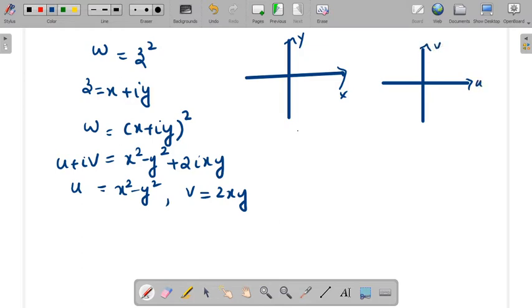So we have the uv plane, the z plane and the w plane. Suppose you want to find f of z, where w is written as f of z.